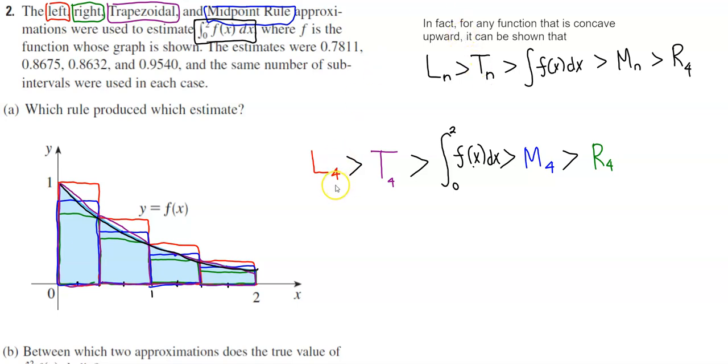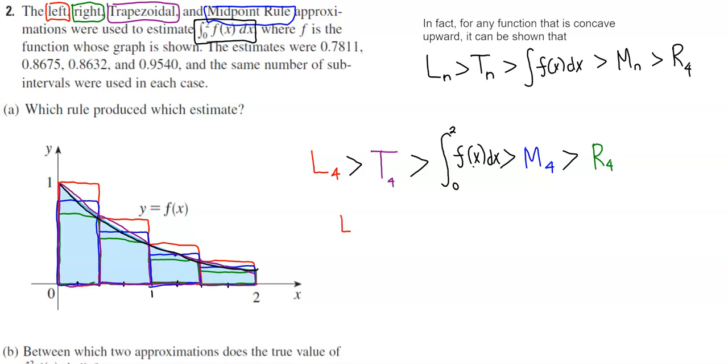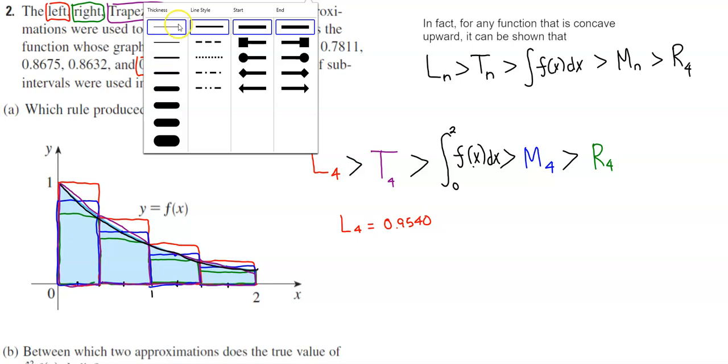So now we can assign which one represents which. We know that L4 is going to equal the largest estimate of these, which is 0.9540. Then the next one is the trapezoid.